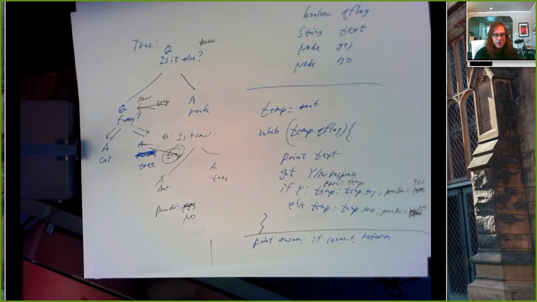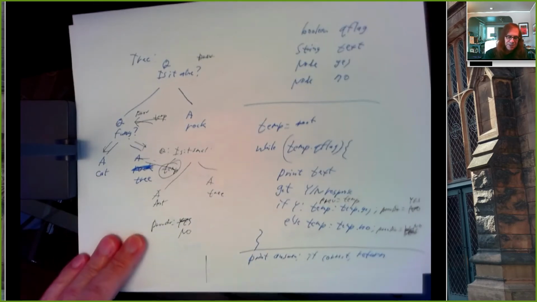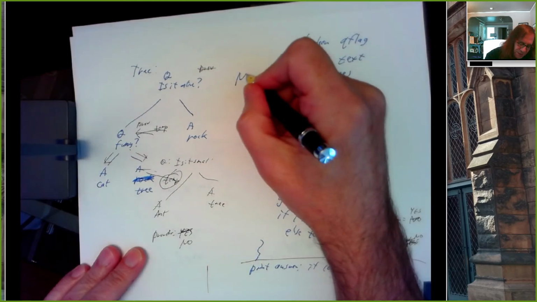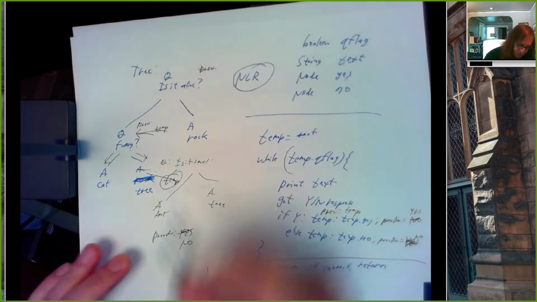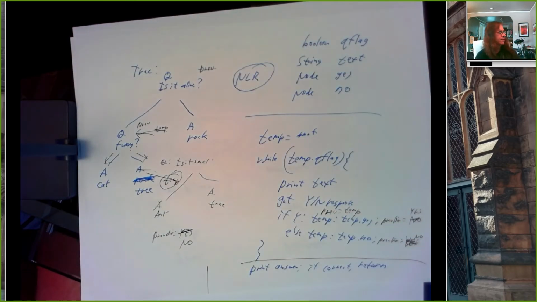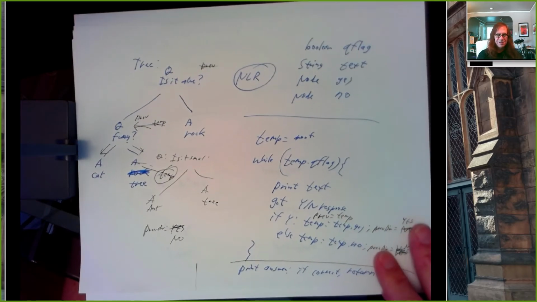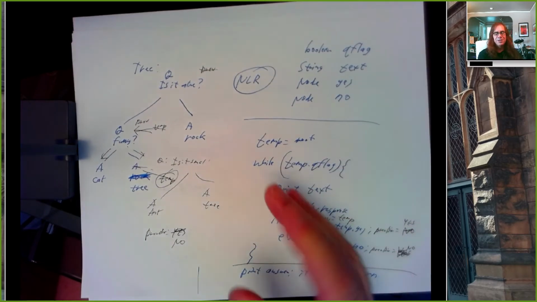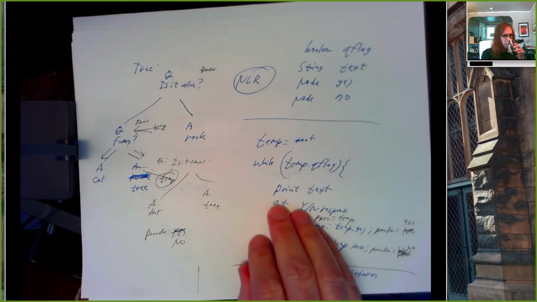So that constructs the new tree for you, and then when you're done, just write it out by doing an NLR traversal. Open a print writer for the database file, and instead of system out print, do printwriter.print or print line.